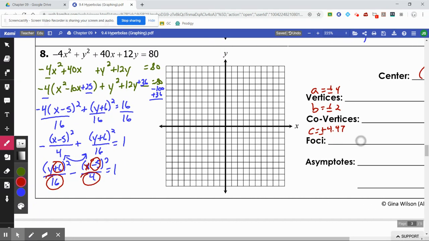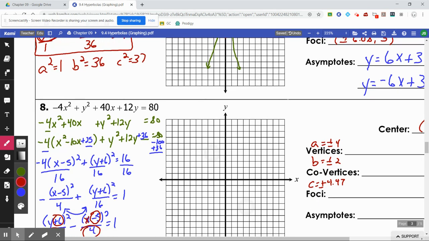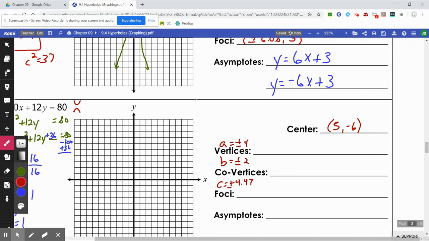Since y is listed first, this will be a vertical hyperbola. So we're going to go up and down to find our vertices. So that's going to be 5, negative 2, and 5, negative 10. You can go ahead and find your foci if you'd like. Go up and down 4.47.